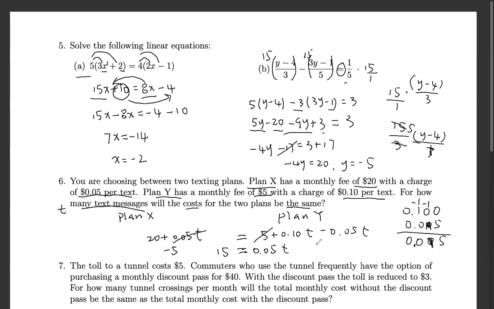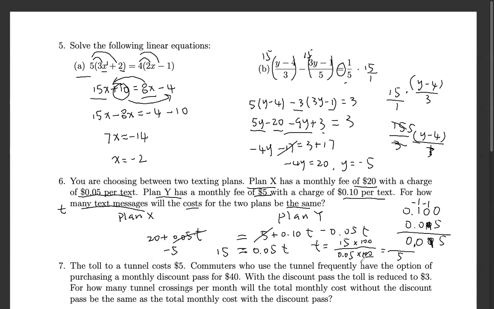Now I divide by 0.05T on both sides. So T equals 15 divided by 0.05. How do I divide this? I can multiply by 100 over 100, right? 100 over 100 is 1. Anything multiplied by 1 is okay. Then the denominator, 0.05 times 100 becomes 5.